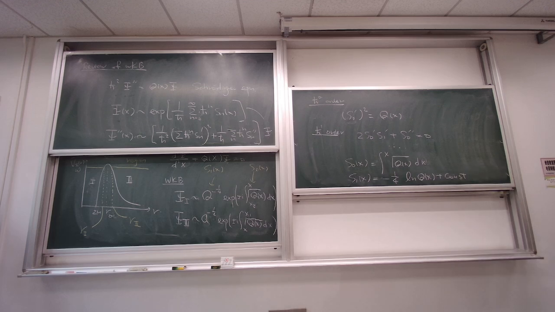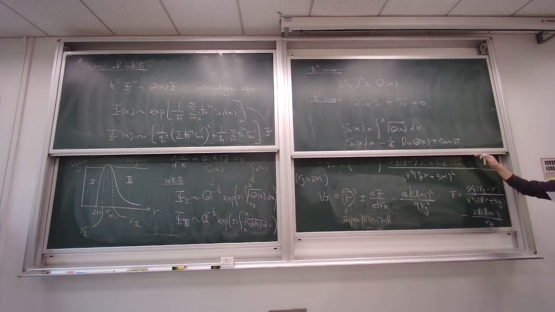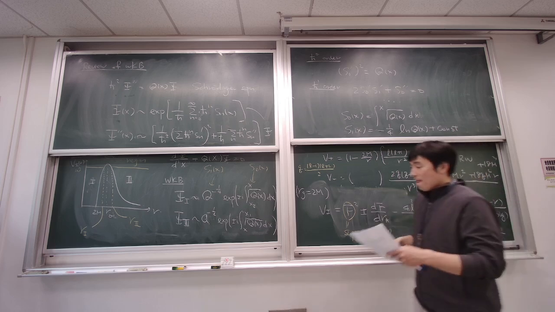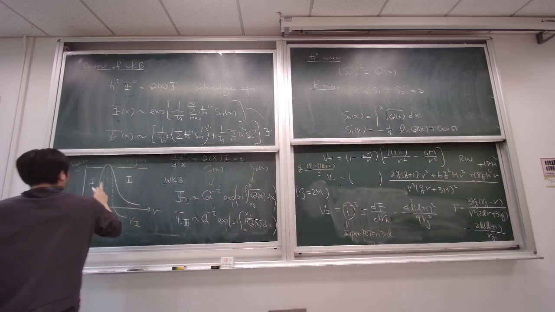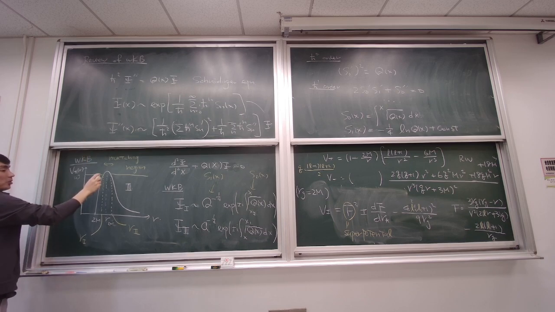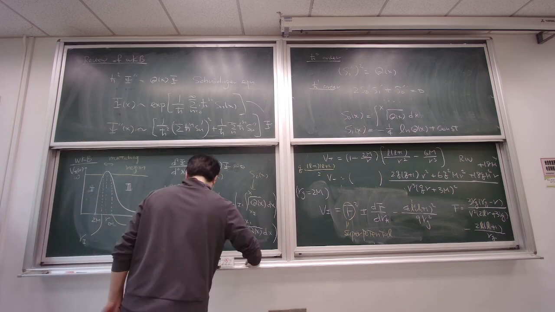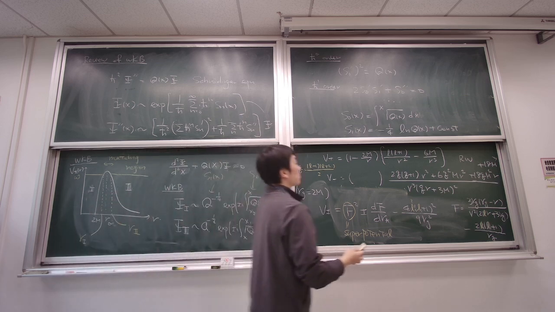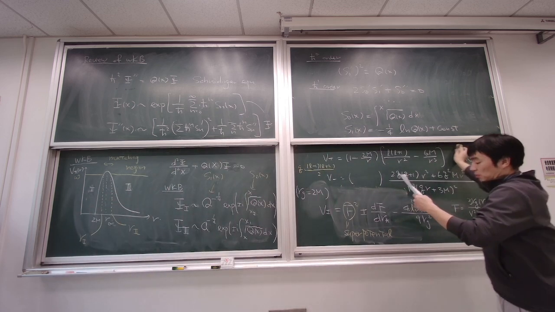So now, what kind of variable would we take for h bar? To do that, we will now use the expansion of Q of x.